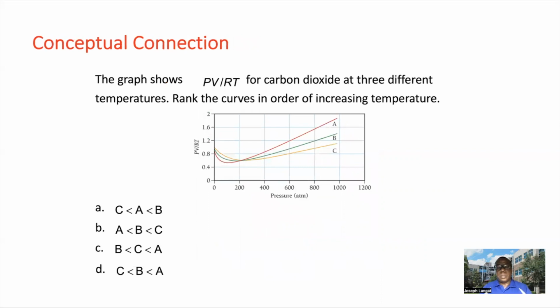understanding of what happened at low temperature and high pressure. Low temperature and high pressure. You see the pressure is increasing. Reading the graph for CO2, carbon dioxide, this is a conceptual question if you understand real gases versus ideal.